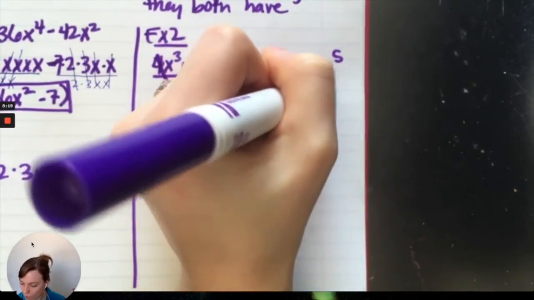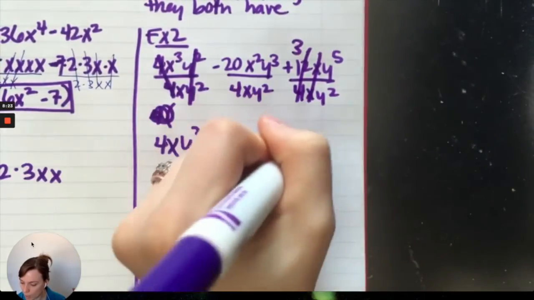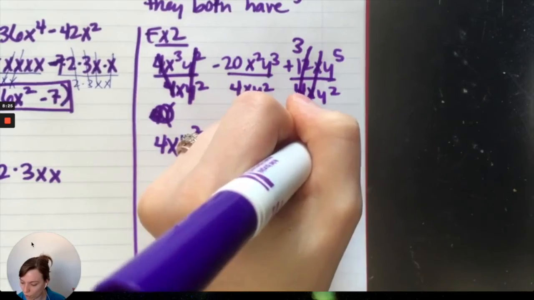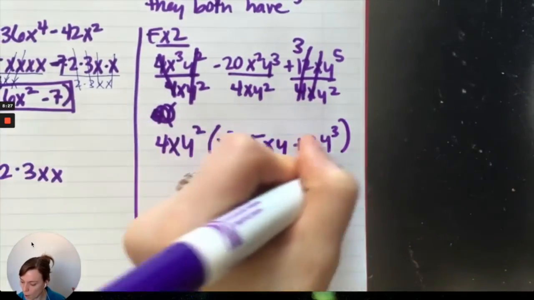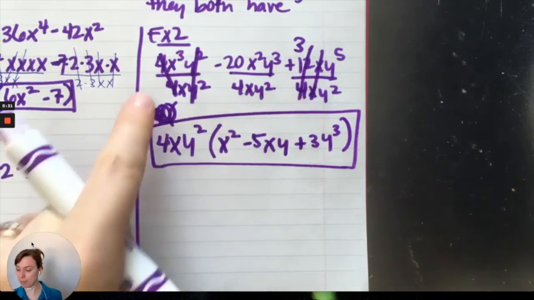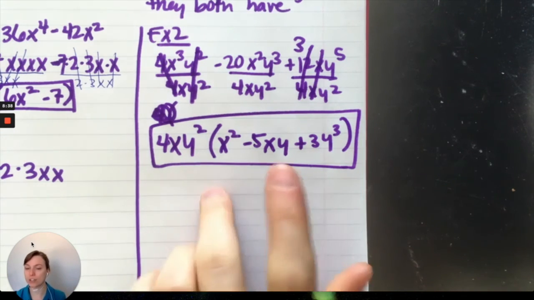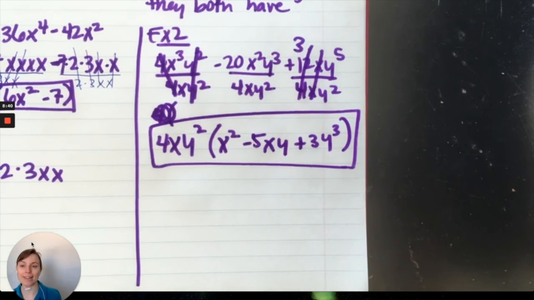Divide again by 4xy squared. X's make 1s. That makes 3. Say positive 3, and I have 3 y's in the numerator. Boom. And again, you should be able to distribute this and get back that original expression at the top before we did any dividing. So divide out to find your factors that will multiply. And that is GCF. So woohoo!